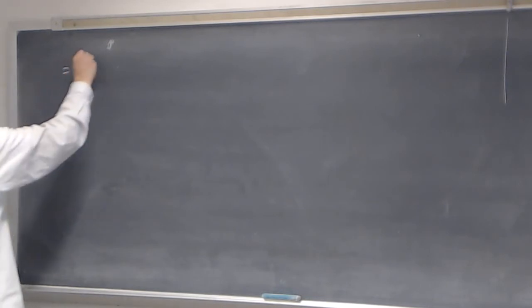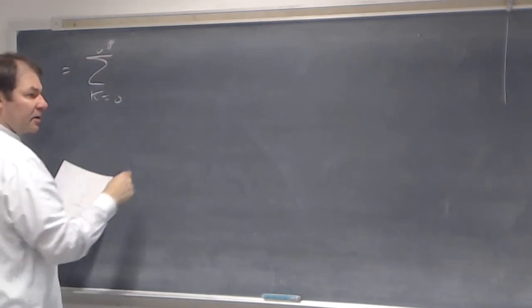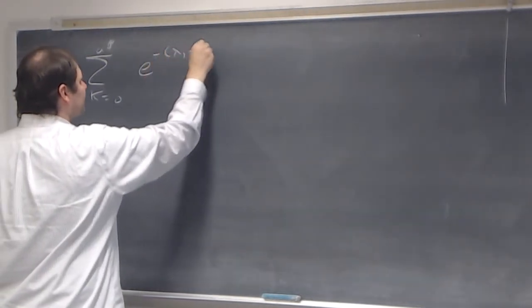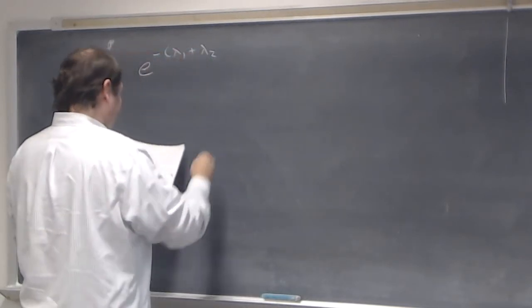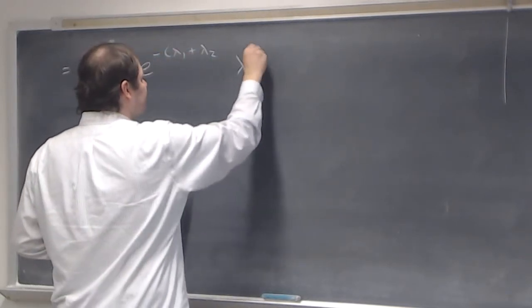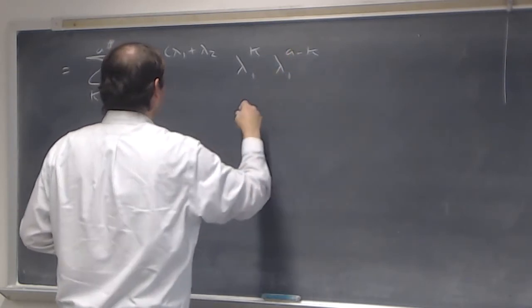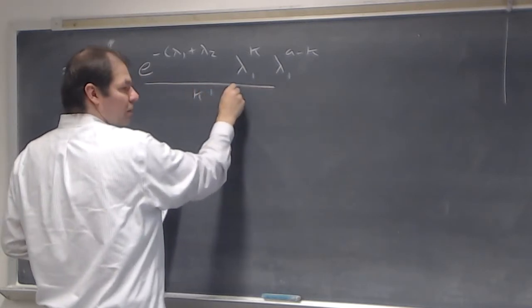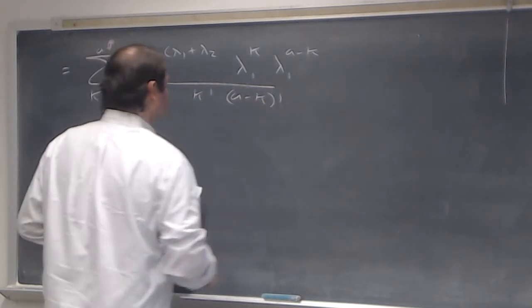Now, that could be rewritten, combining terms in the sum. K runs from 0 to a. Here, this will be e to the minus lambda 1 plus lambda 2, and then we have lambda sub 1 to the k, lambda sub 2 to the a minus k, all over k factorial and then a minus k factorial.